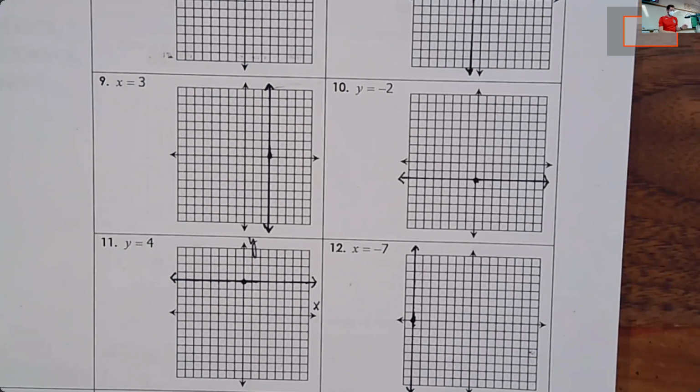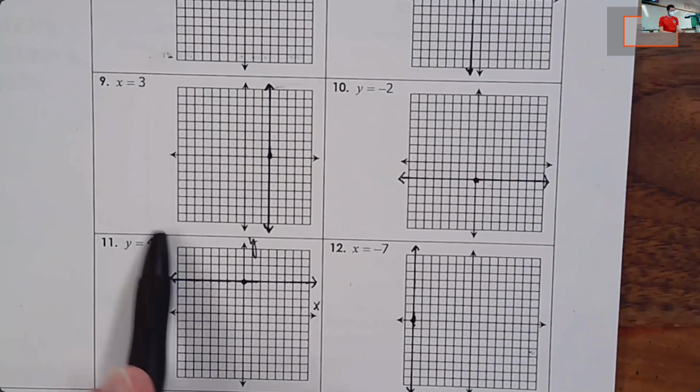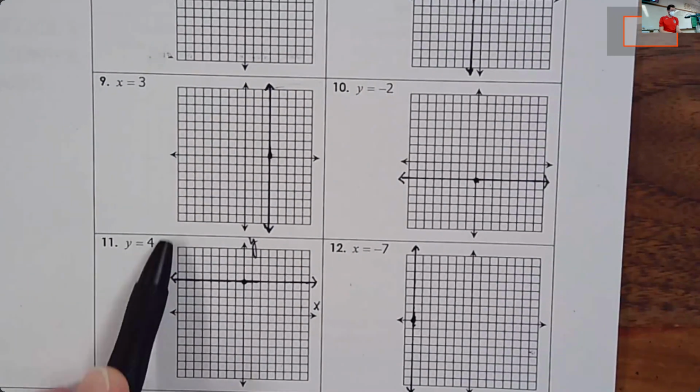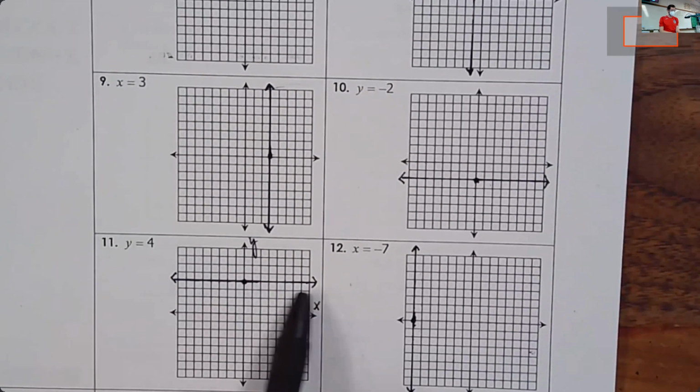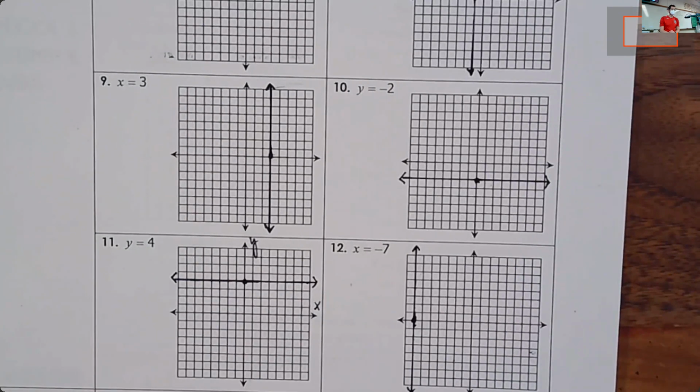So with a y equals 4, so with a y equals a number equation, that's a horizontal line, which axis is running in the same direction as this line, the x-axis or the y-axis? So we have a line like this. Which axis also is like this? The x-axis, exactly.